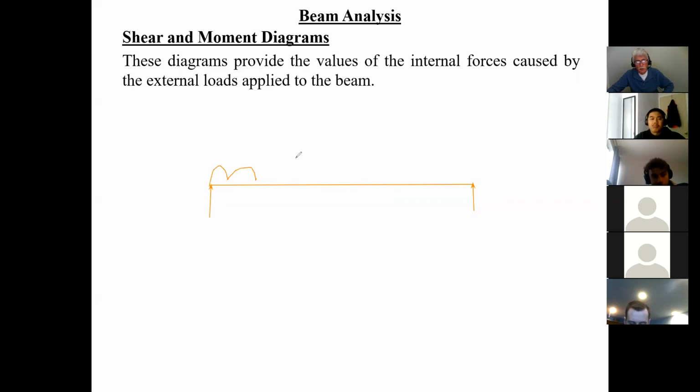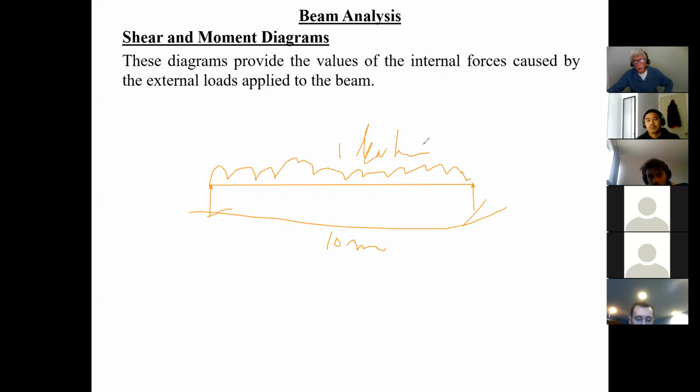I put a load on the beam. I have a uniformly distributed load, right? And I know you guys like numerical values, but I don't care. This can be 10 meters. This can be 1 kilonewton per meter, and so on and so on.